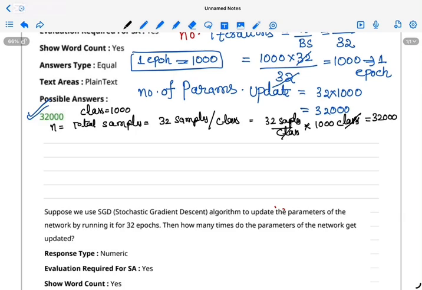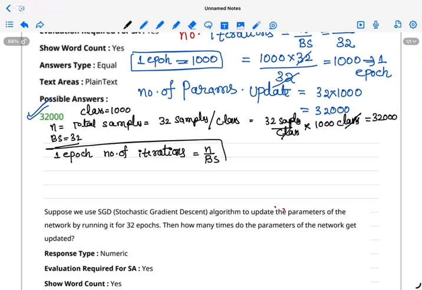Okay, there are 32 samples for one class, and the batch size is also given. Batch size equals 32. Next, for one epoch, the number of iterations is n by bs.